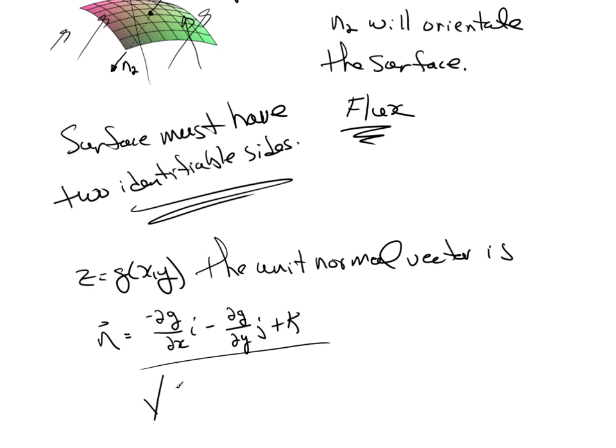So it's the magnitude of this, so it's going to be the square root of the partial of g with respect to x squared plus the partial of g with respect to y squared plus 1.